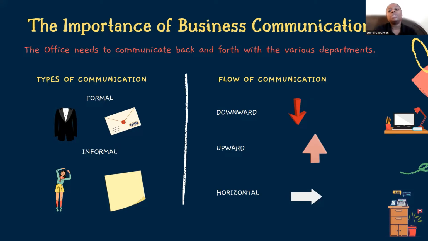Okay. And so we're just going to talk about types of communication and the flow of communication. When we think of types of communication, there are 2 types. We said originally that we have internal and external persons that we communicate with, but there are 2 ways to communicate with these set of persons.